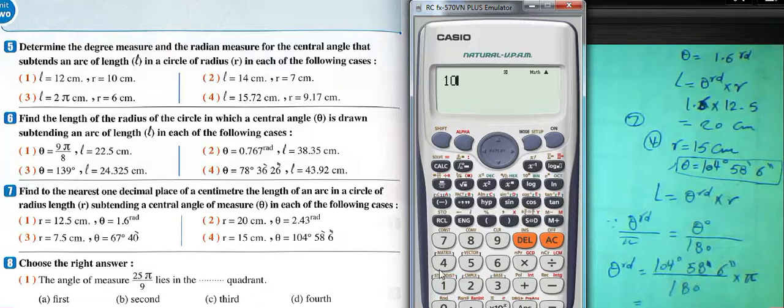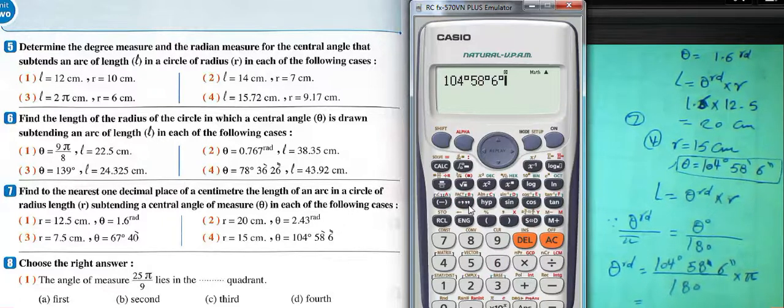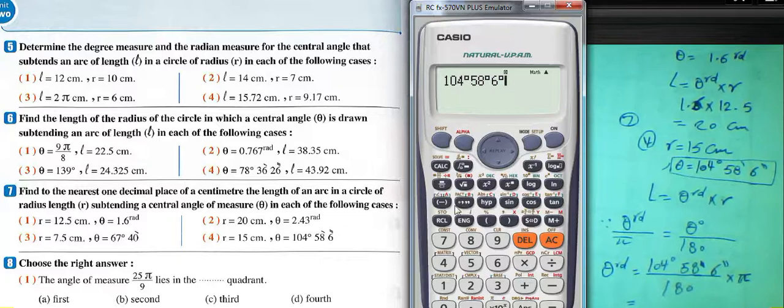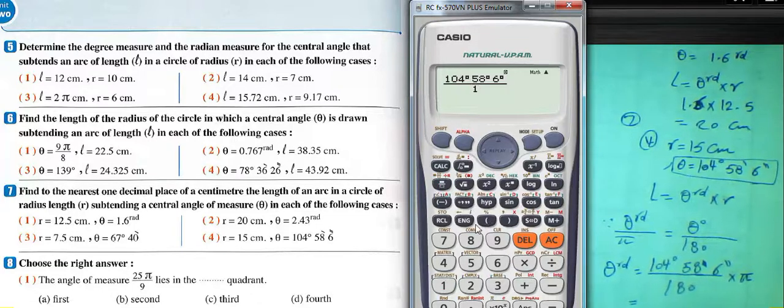Enter 104 degrees, 58 minutes, 6 seconds, over 180, multiplied by pi.